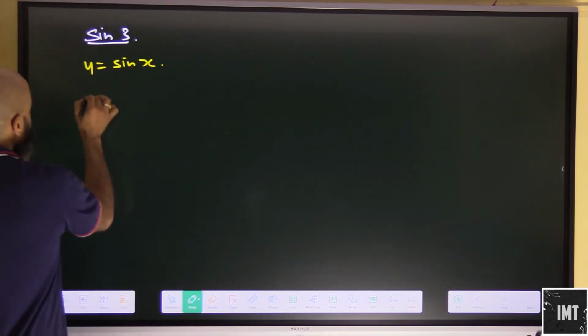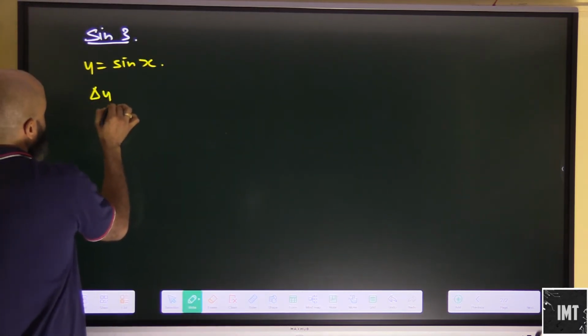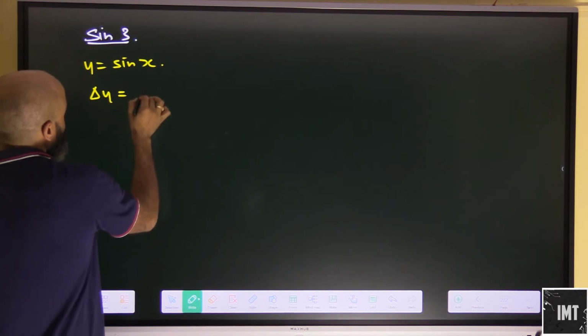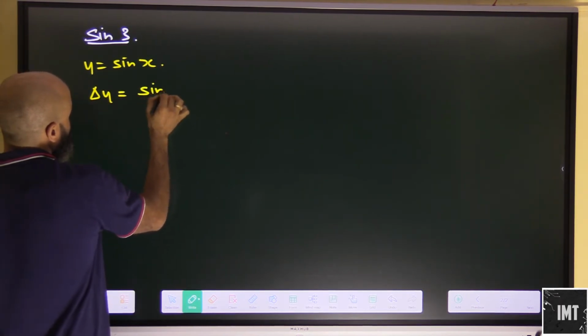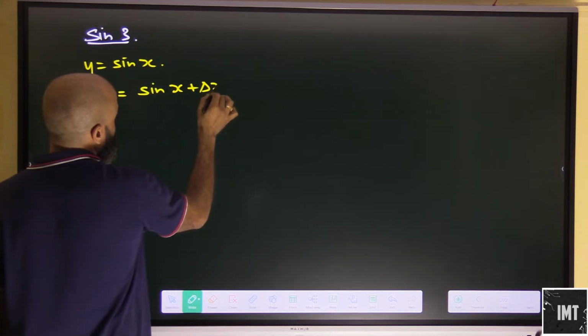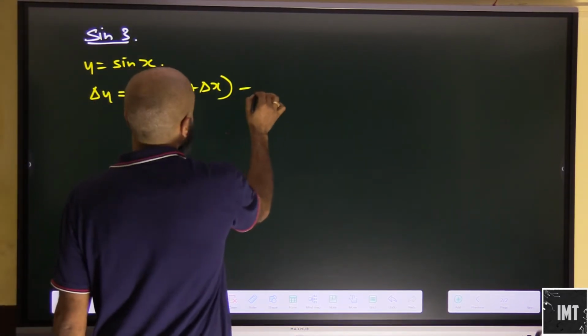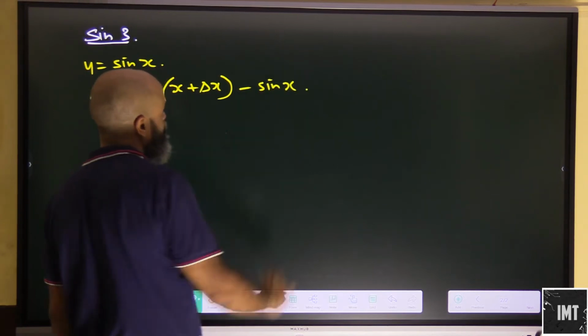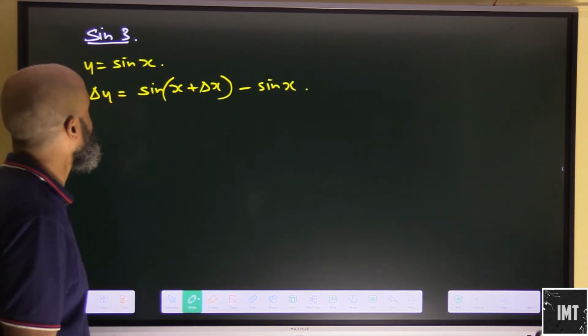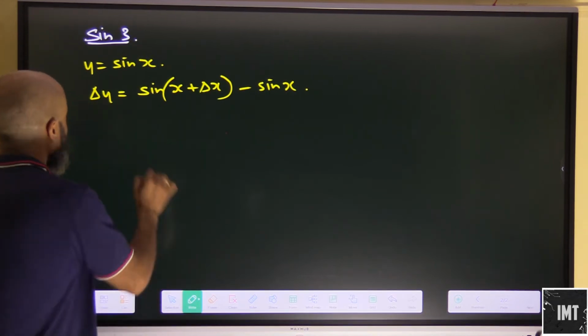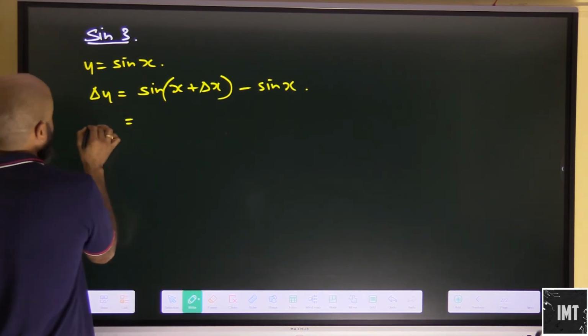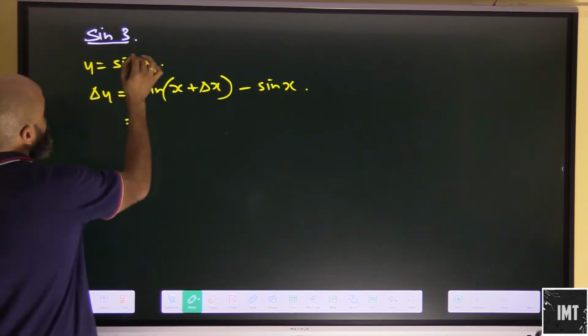Now understand this. What will be delta y? This will be equal to sine of x plus delta x minus sine of x. Here we need sine of 3.